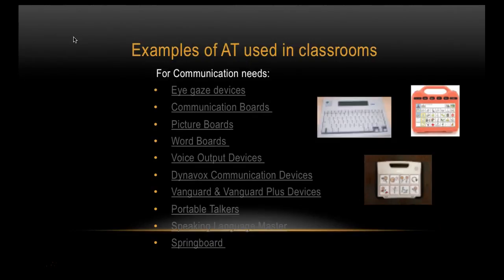Here are some common examples of AT used in the classrooms. For example, for children with communication needs, you have eye gaze devices, communication boards, picture boards, word boards, voice output devices, Dynabox communication devices, Vanguard and Vanguard Plus devices, portable talkers, speaking language masters, and springboards.